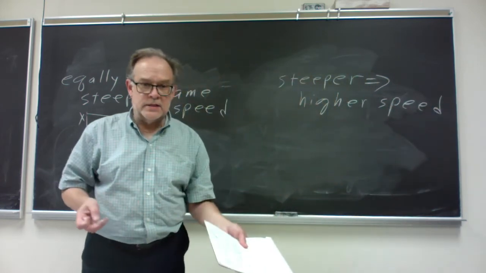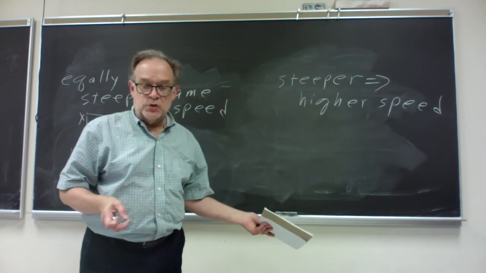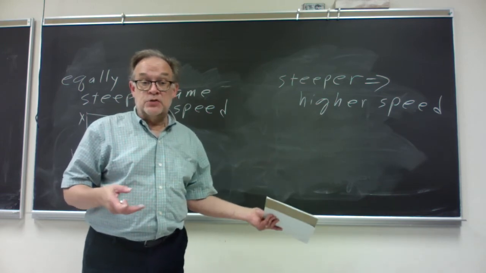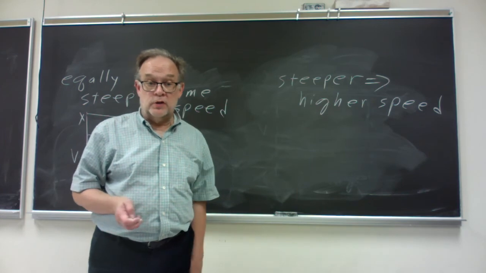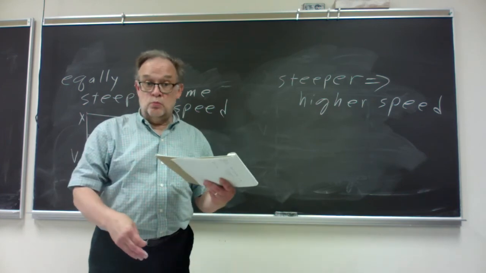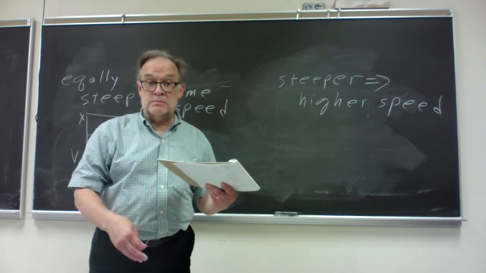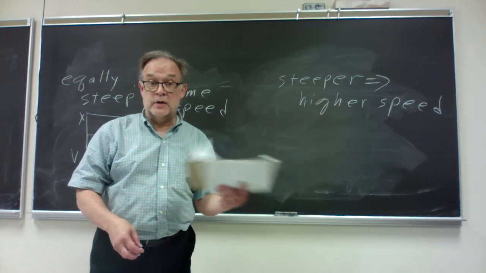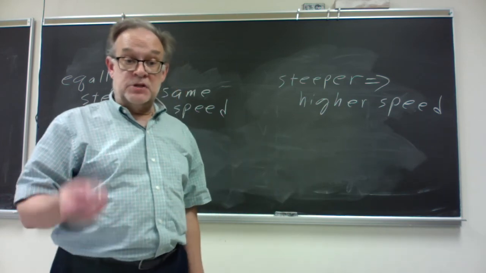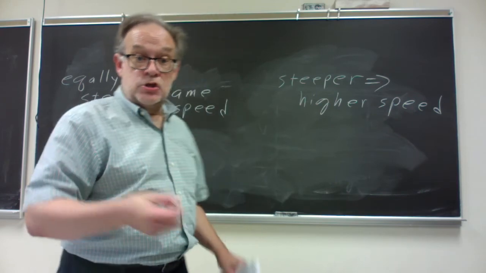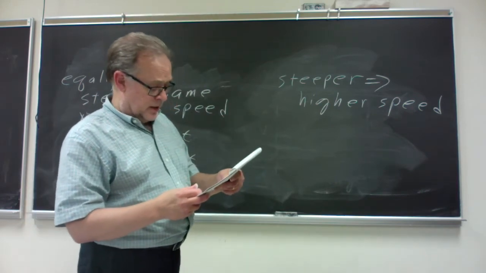Okay, one last example. In these two cases, we looked at position versus time graphs, and we could deduce the velocity graph. We can use the same ideas the other way. We can look at a velocity graph and see what the corresponding position graph must look like. So let's think about this velocity graph right here.